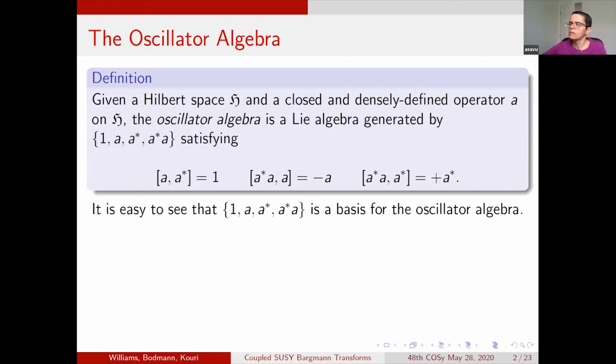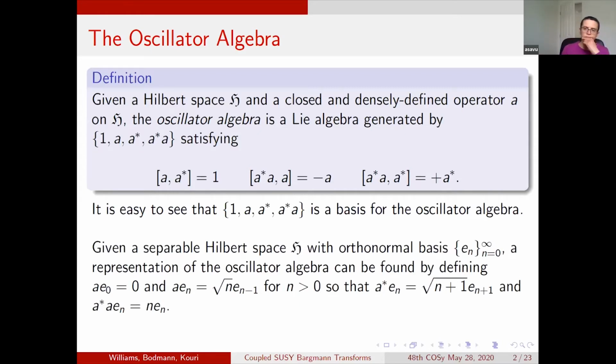And this isn't only generated by these four, but these are actually a basis. The generalization beyond what I present here actually has an issue with this. So you can find a representation of this on any separable Hilbert space. Non-separable things get a little bit tricky, obviously, but given the orthonormal basis En, you can define A on E0 to be 0, and then A on En to be square root n En minus 1.